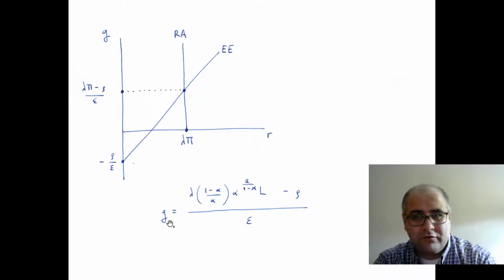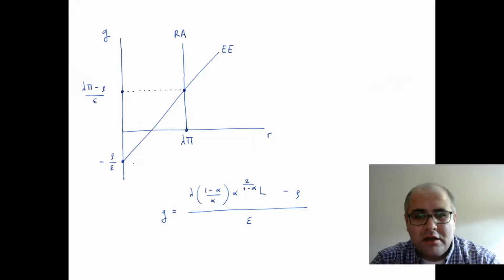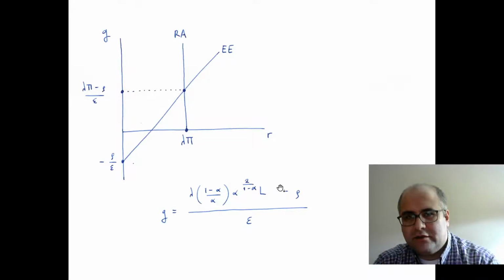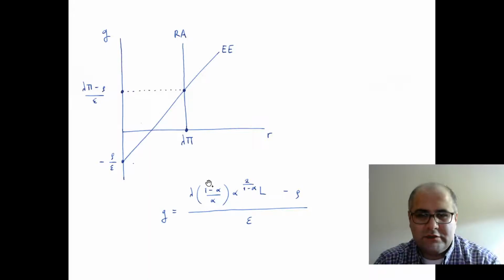So this is the growth rate of GDP per capita and GDP as well, because labor is constant here. The growth rate depends positively on research productivity. It has this wild expression depending on lambda, and also depends positively on L. Later on, in a couple of weeks, we're going to discuss the scale effect problem. It's basically here, but for now we just put a brief remark about that.